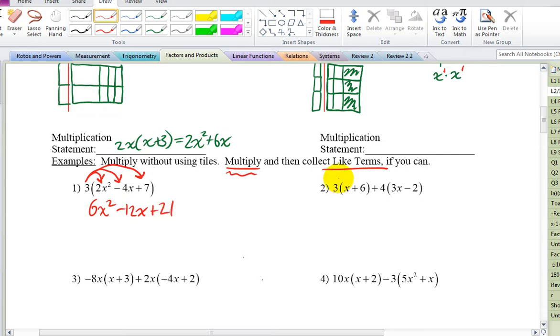For question number 2, 3 times x, 3 times 6. Do that multiplication first. And what's the other multiplication that needs to be done? Yeah, now I always like to remember that as positive 4. That sign and that number have to stay together. Can't screw up addition, but subtraction you can.